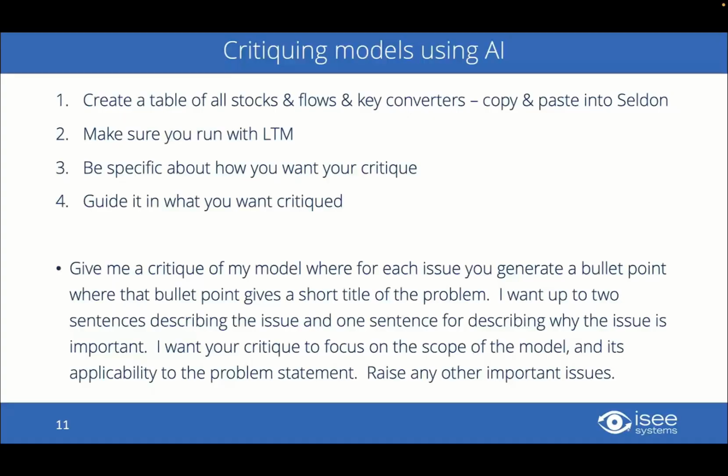So you could use something like ChatGPT, where you can upload files directly, give it a series of research papers, ask it to summarize the key structural relationships that exist within those papers, validate that summary yourself, then take that summary, copy it, paste it into the background knowledge of Selden, and then ask Selden to do the same thing without having to read all of the papers themselves. The tighter and more specific you can be with your background knowledge and your context, the better answer you're going to get out of these tools.